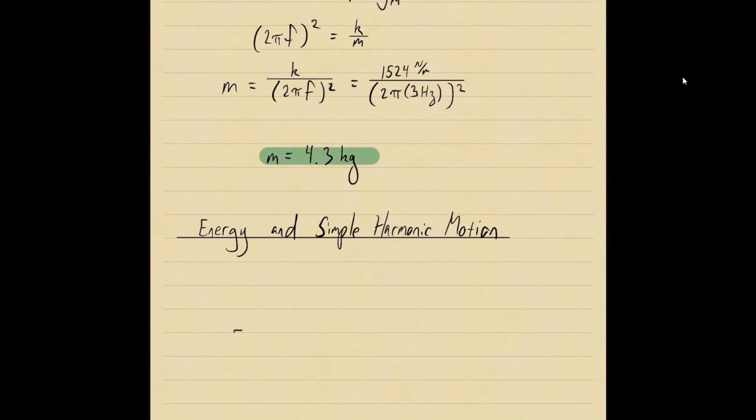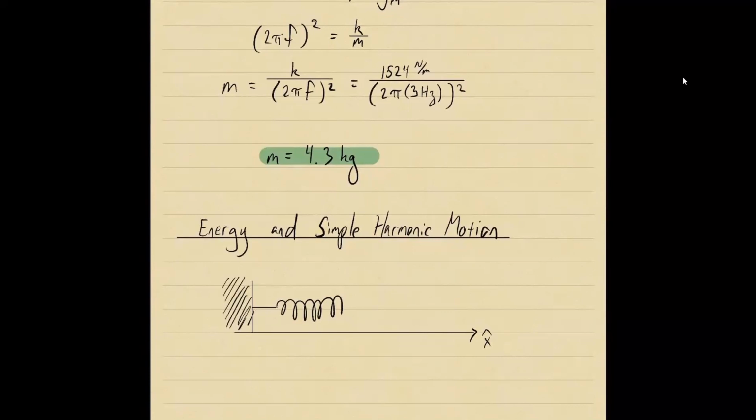So if we have the spring, this is our x direction, say this is some sort of wall. Let's say that we have a spring with a mass on the end, and it goes from some initial displacement and continues on.